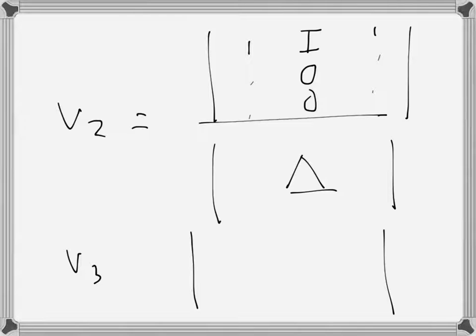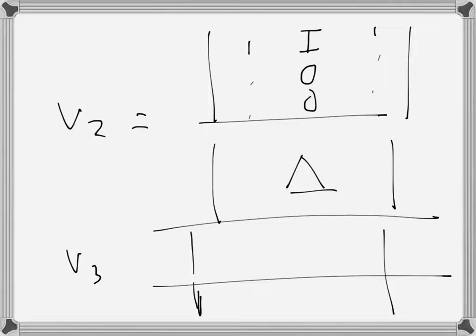And for V3, in the denominator it will again be delta, and the third column, since we are dealing with V3, it will be I, 0, 0, and the rest two columns will be the same.